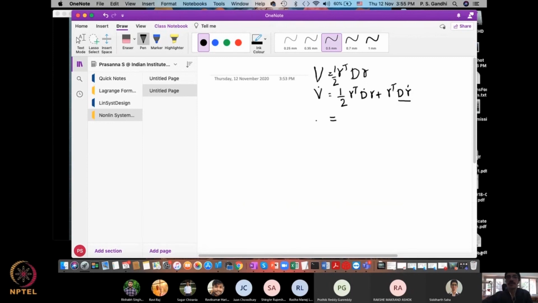Let me do that here, maybe, so that I get more space. So, half r transpose, now minus B plus C r minus K D r.